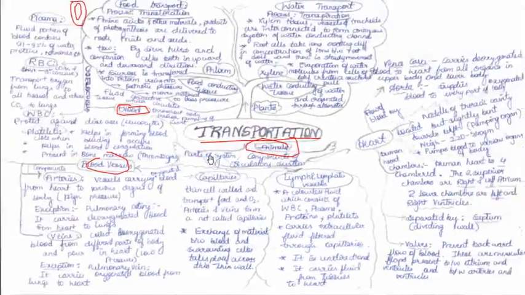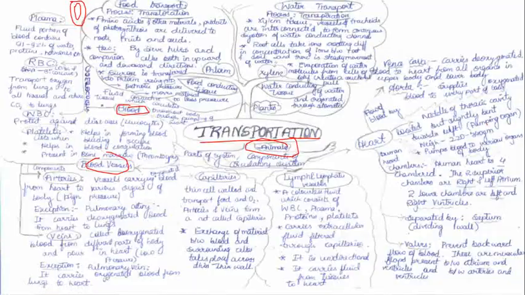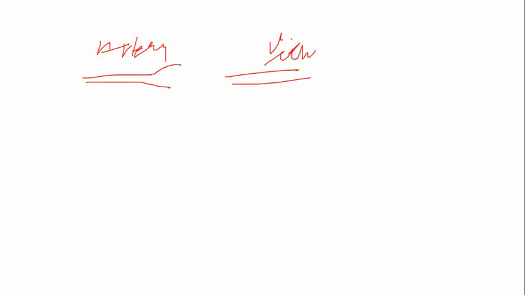So what are capillaries? I will explain. Let us consider this as an artery, and it has a vein, right? As it reaches any organ, it forms a net, that means small tubes.